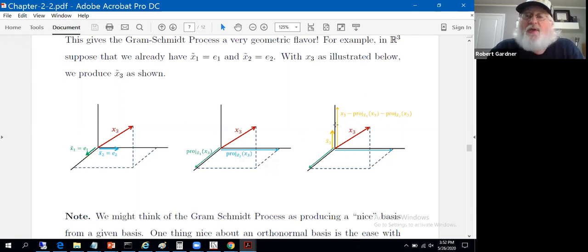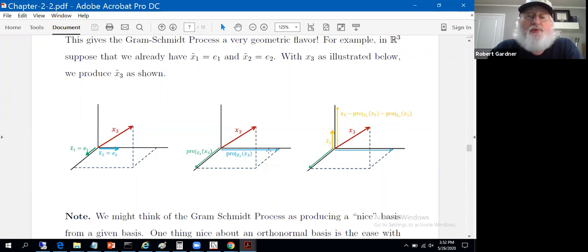Okay, so the way we're going to find x sub 3 tilde is to take x sub 3 and project it along x sub 1 tilde, projected onto the tildes. We project along this direction, and that'll actually produce that vector that lies along the x-axis. We'll project along x sub 2 tilde, a vector that points along the y-axis.